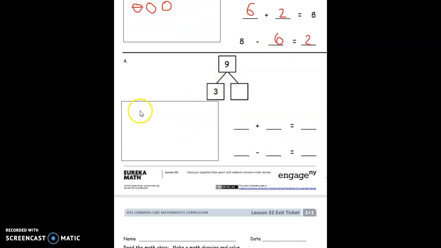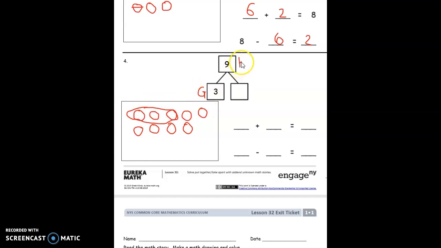If we have 9 kids, and 3 of them are girls, let's circle 3 of them because those are our girls.